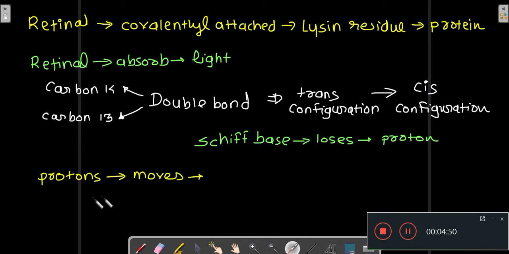Because of this, the proton moves across the plasma membrane into the periplasmic space. In the periplasmic space of the bacteria there is accumulation of protons.